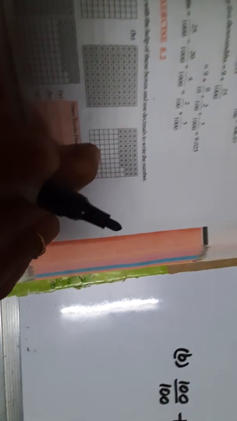Now in the first big square, as you can see, all the small 100 squares are filled with the dots. All out of 100, all 100 are filled with the dots, so 100 out of 100. Now in the second square box, let us count the number of dots. First row complete carries 10 dots, 1, 2, 3, 4, 5, 6, 7, 8, 9, 10.